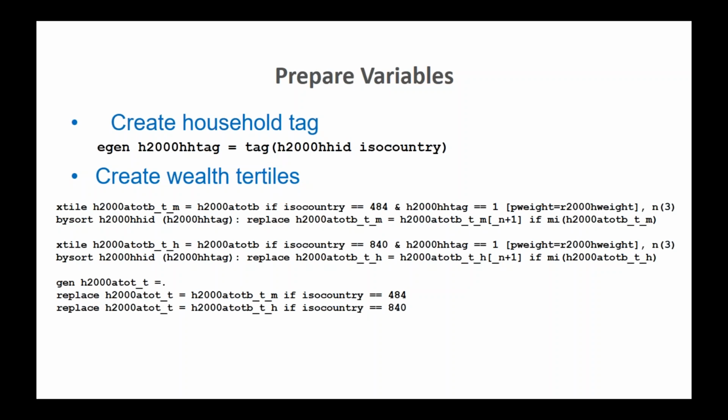Then we'll do the same thing for the HRS observations, and then we'll combine them together. Just like we did before, we'll take the _M observations if they're from the MHAS, the _H observations if they're from the US, or from the HRS. So we have one variable now called H2000 ATOT _T, which tells us inside of each country whether they are low, middle, or high wealth.